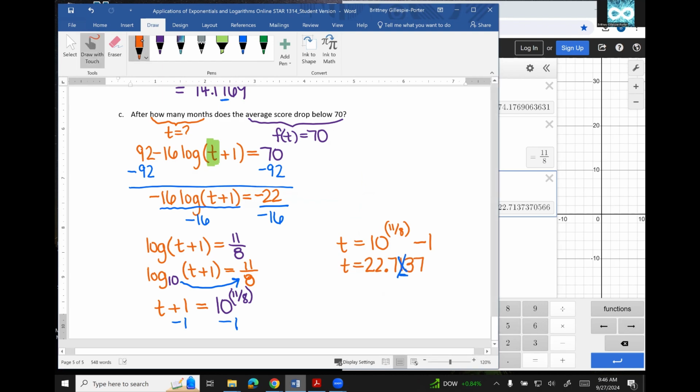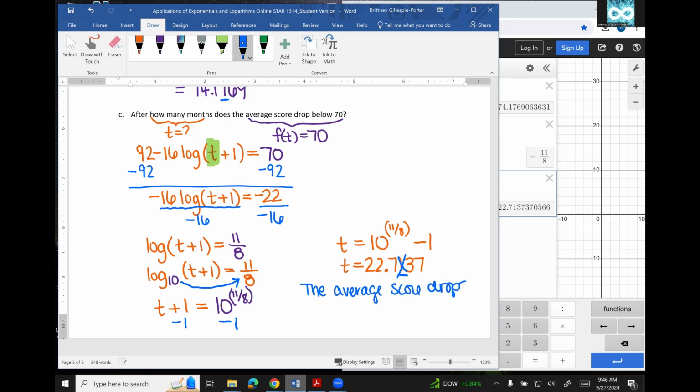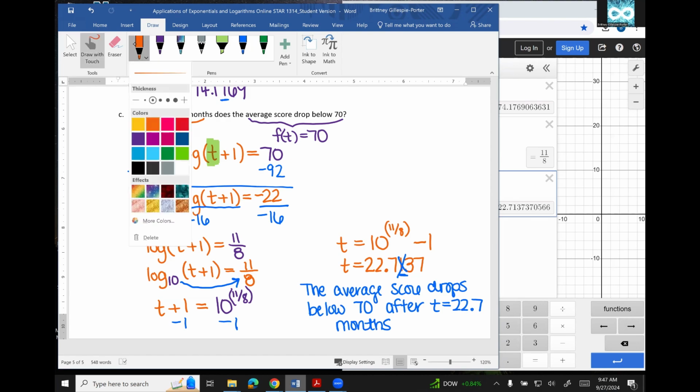So we get that the average score drops below 70 after t equal to 22.7 months. Our answer is 22.7 because we did not have enough to round us up.